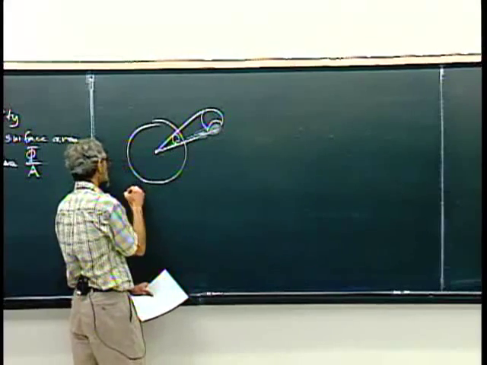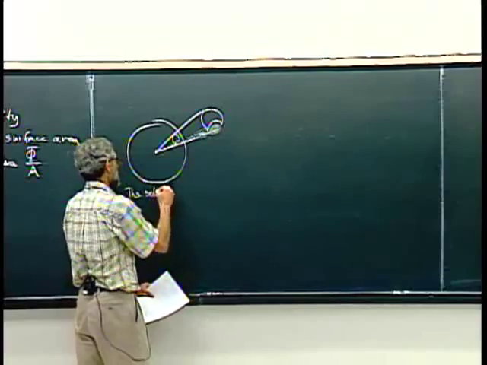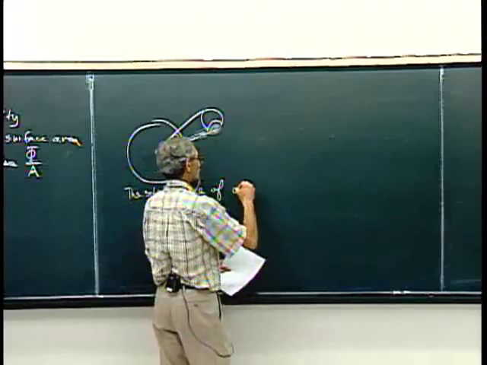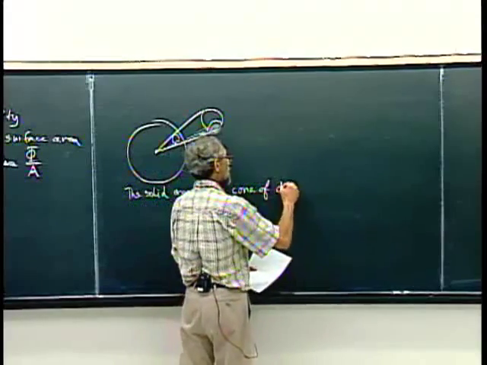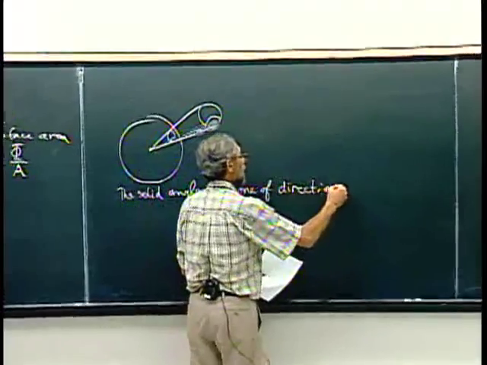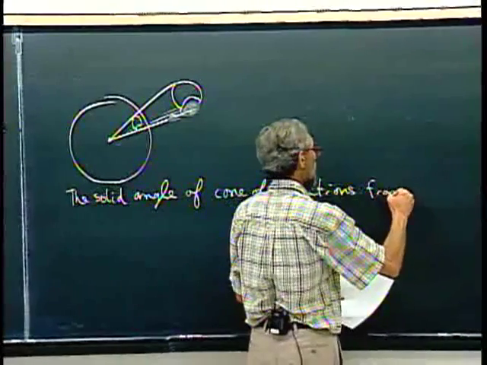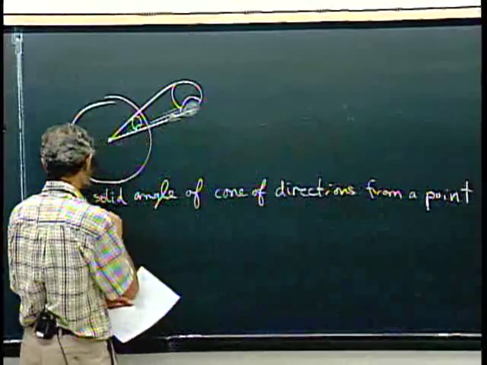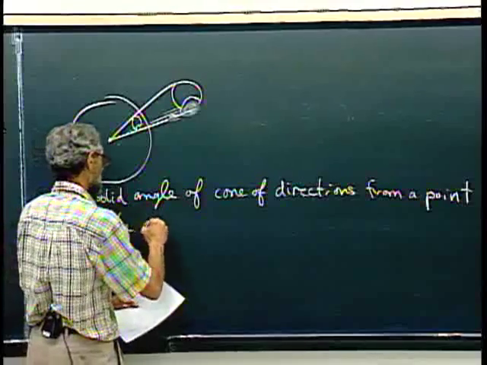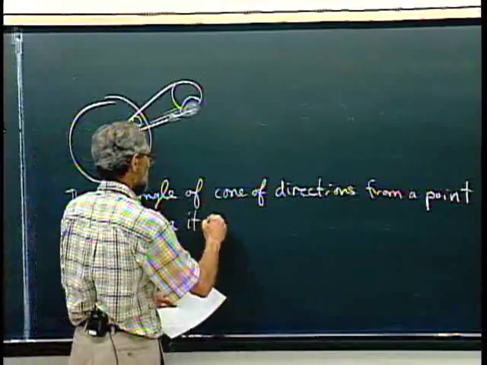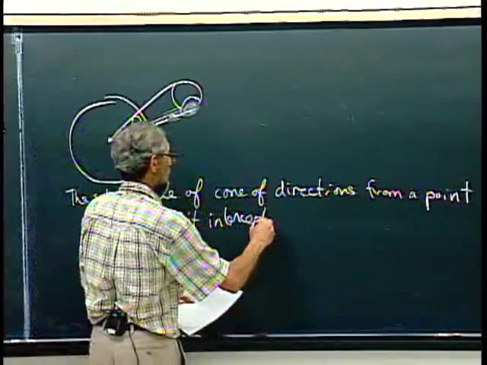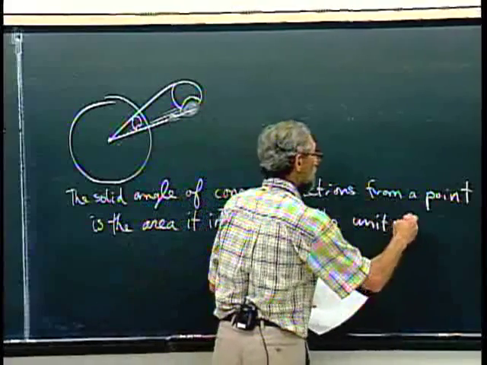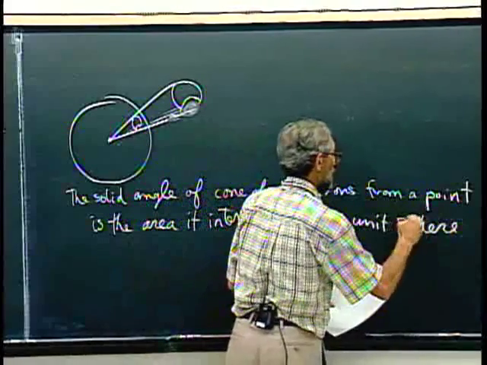And then the solid angle, say of a cone of directions from a point, I should say it's the area it intercepts on the unit sphere, with that point as center.